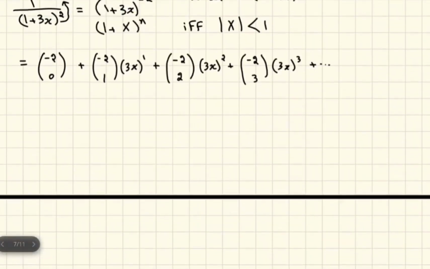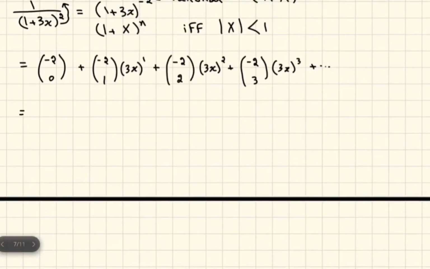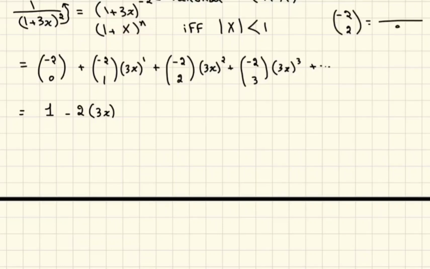Now, the first one, you should memorize it. Whenever you have nc0 is directly 1. The second coefficient, nc1, is always n, so we write minus 2 times 3x. Now the minus 2c2 and minus 2c3, we have to calculate them on the side. So I'm gonna do it here. So minus 2c2, as we said in the previous video, directly we go to the denominator and we write 2 factorial, which is the same number here.